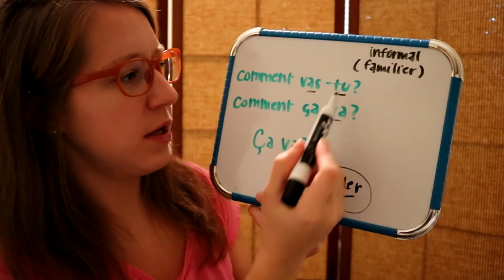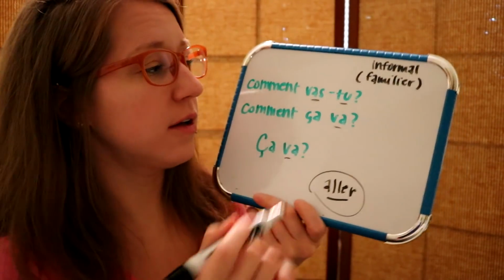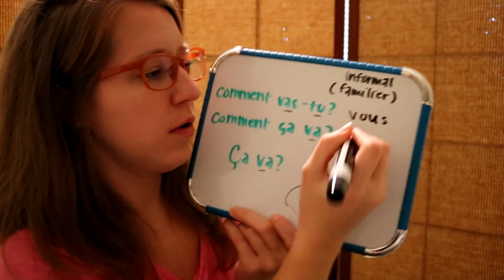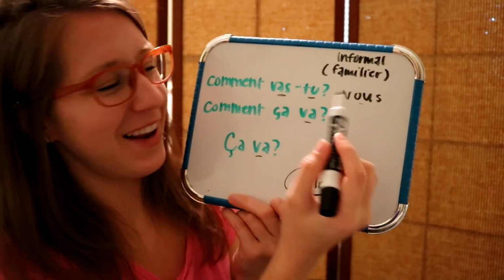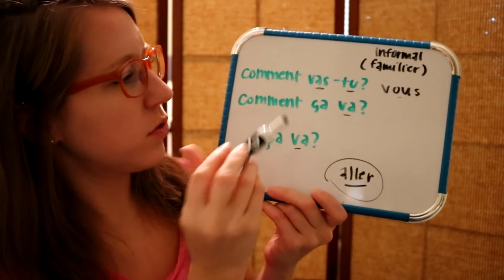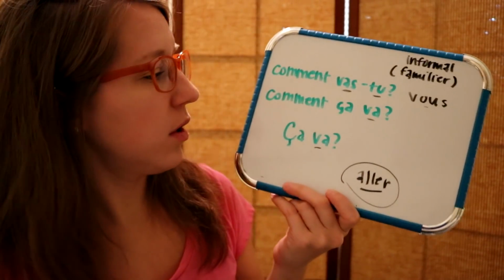Remember, tu is now our form of you instead of vous. That's the formal. This is familier. Tu. So, comment vas-tu? How is it going for you?